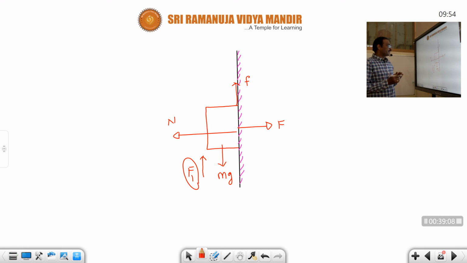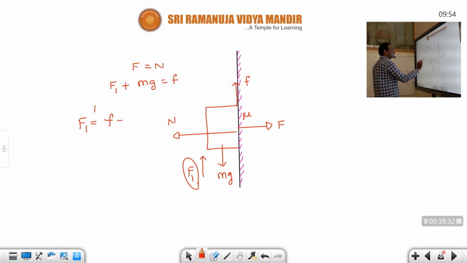Mu is the coefficient of friction. In this case, F is equal to N at equilibrium. And also F1 plus mg is equal to the force of friction. Therefore, how much force is required?